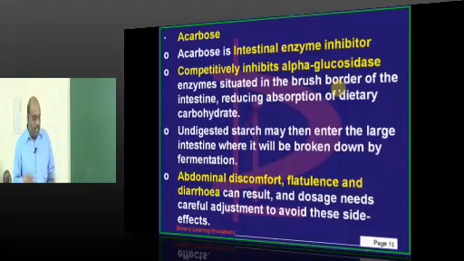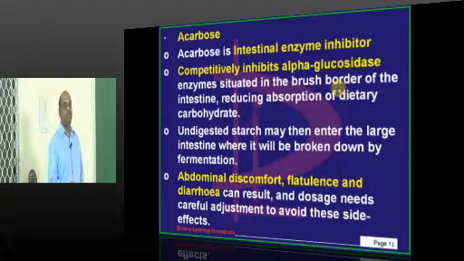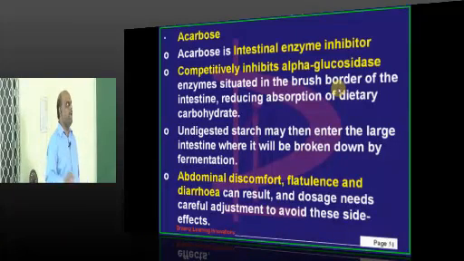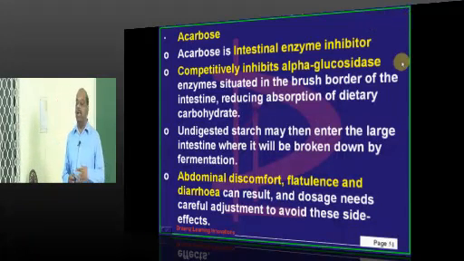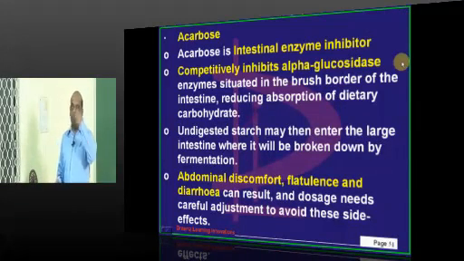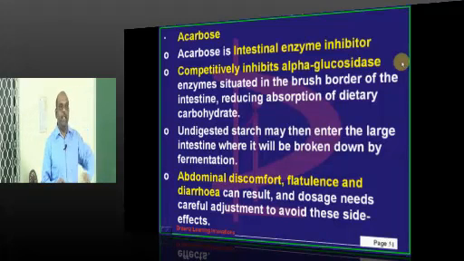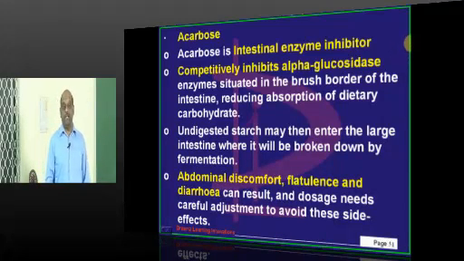Acarbose is basically an inhibitor of the intestinal enzymes. It will competitively inhibit the alpha glucosidase in the brush border of the intestine, and that prevents the carbohydrates consumed by the patient from getting absorbed from the intestine.